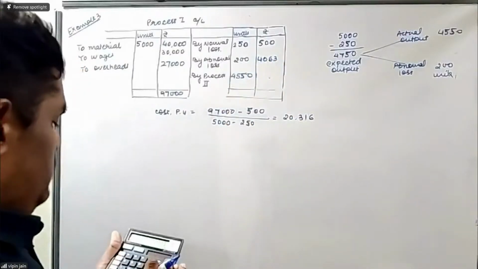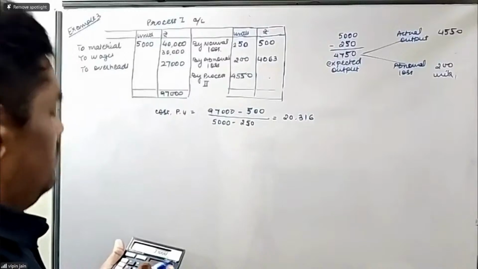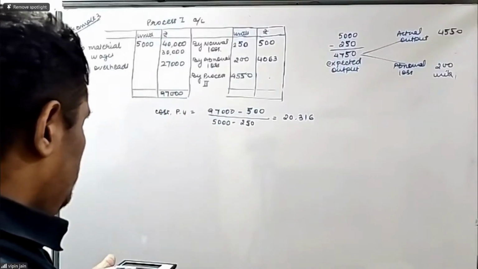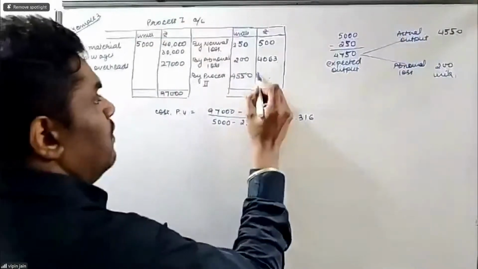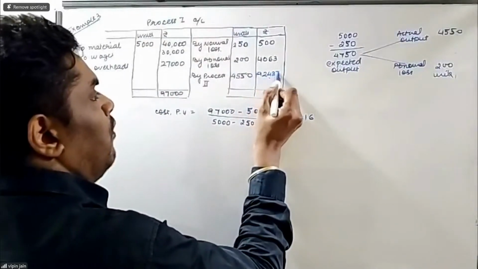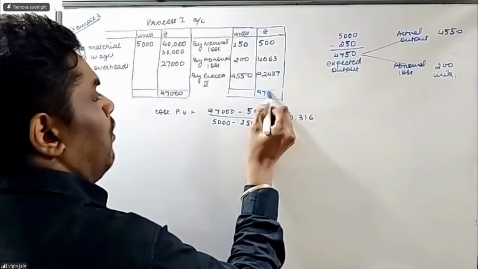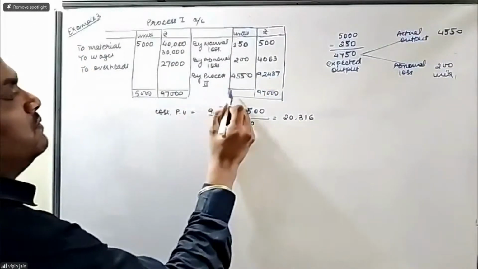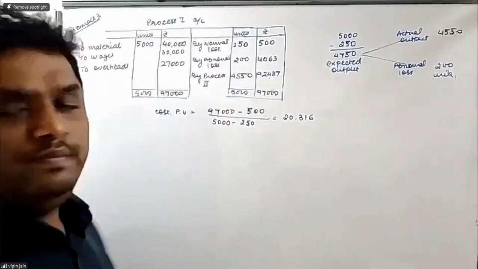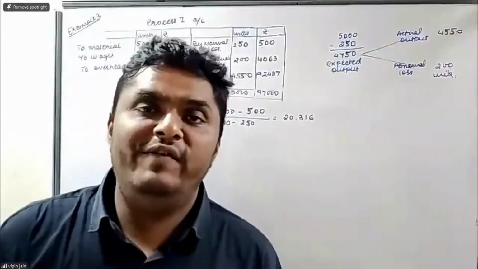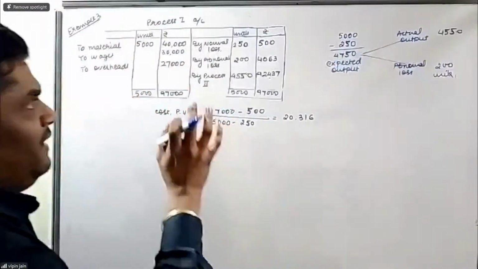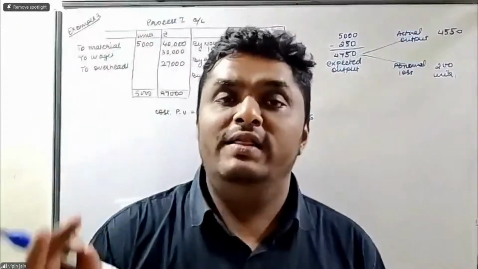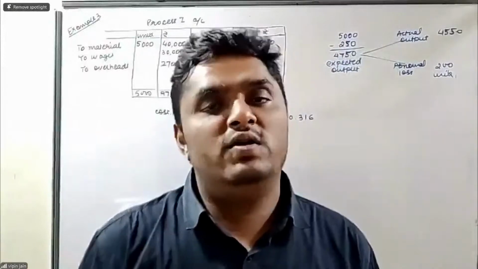And the balance amount, 92,437. So this is how we have to give the effect of abnormal loss in process account. Do make a note of it. The product cost will not be inflated because of abnormal loss.